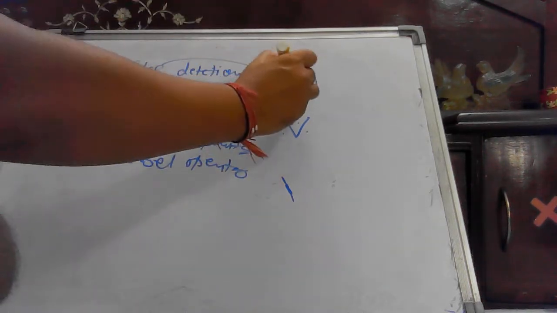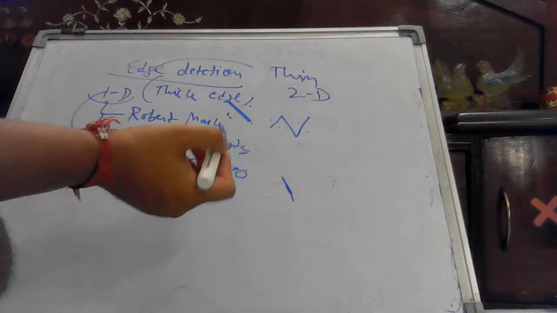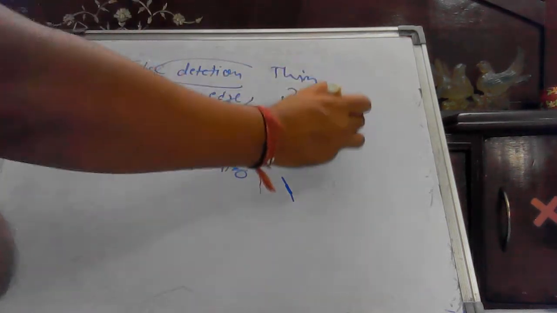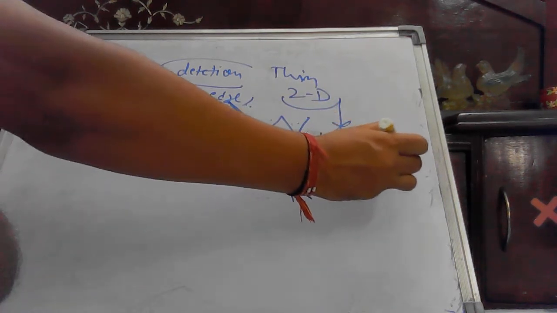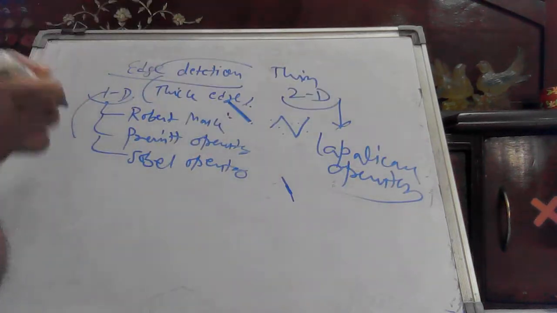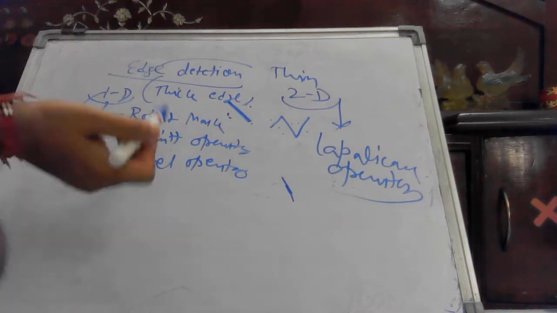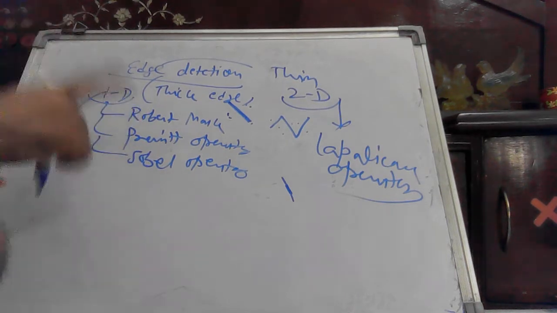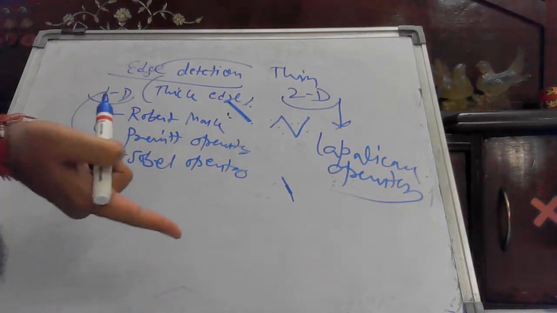So for that purpose, what kind of operator do you use? Two dimension filters, or two dimension masks or operators. And we have seen a very popular two dimension operator, known as the Laplacian operator. We have designed its filter also. All these details we have already covered in the discussion of spatial domain as well as frequency domain filters, so nothing new is here.